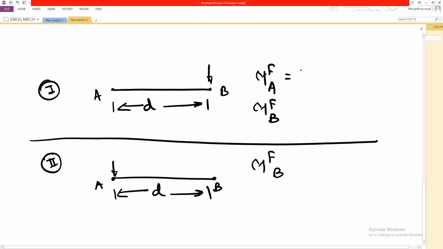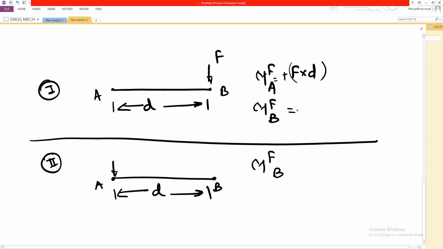Here it is simple. Moment of force with respect to point A is going to be F into D, and to make it super clear, it is going to be plus F into D, whatever the units: Newton, kilonewton, giganewton, or meter, centimeter, whatever it is.